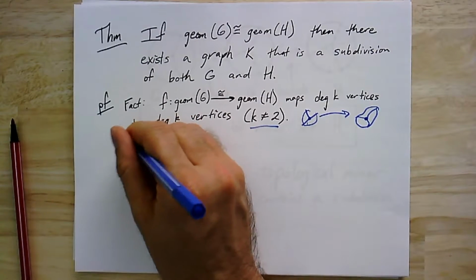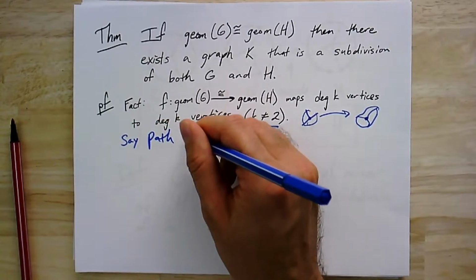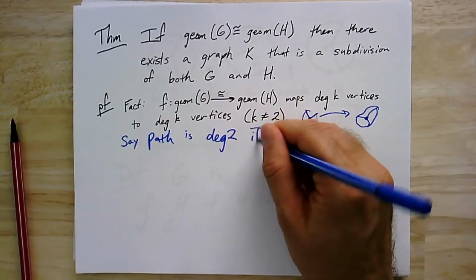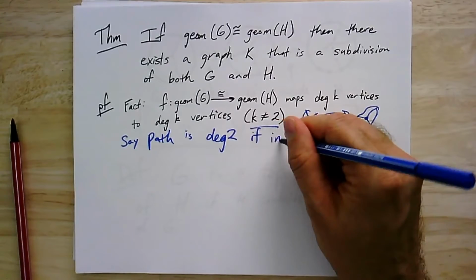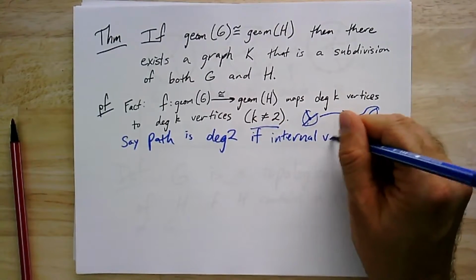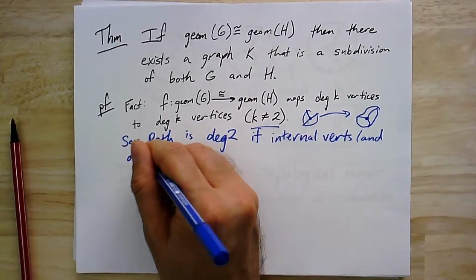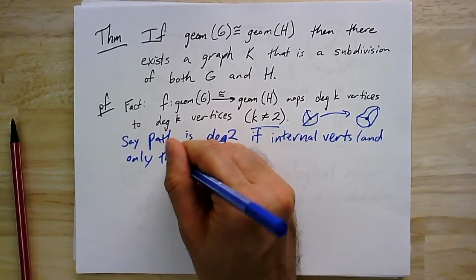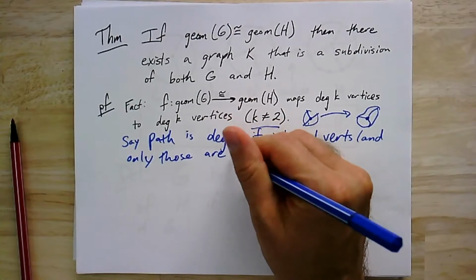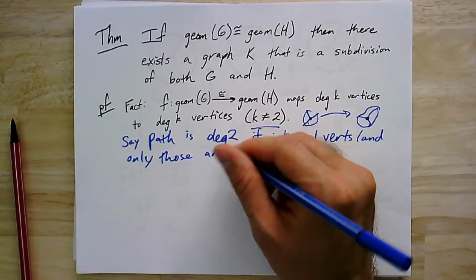And so we're going to say that a path is a degree 2 path, let's call it degree 2, if the internal vertices, that is not everything but the start and the end, the internal vertices, and only those, mind you, are degree 2. So obviously in the path they're degree 2, but what I mean is that as a subgraph, the vertices along the path only have degree 2.